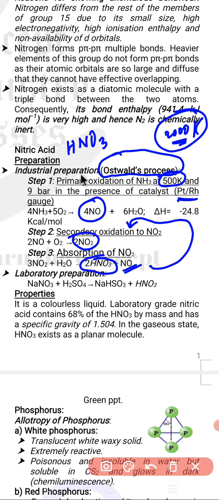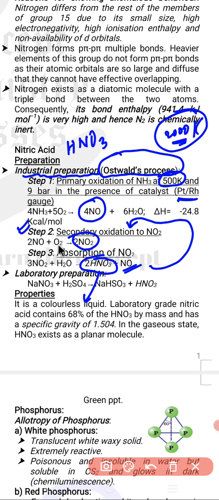Industrial preparation is nothing but if we want to prepare a large amount of a substance, then we call that kind of preparation industrial preparation, or you can say commercial preparation. So in the third step, since nitric oxide gas comes out, we can collect that gas after collecting this nitric acid, and the gas can be reused in the second step without going through the first step.